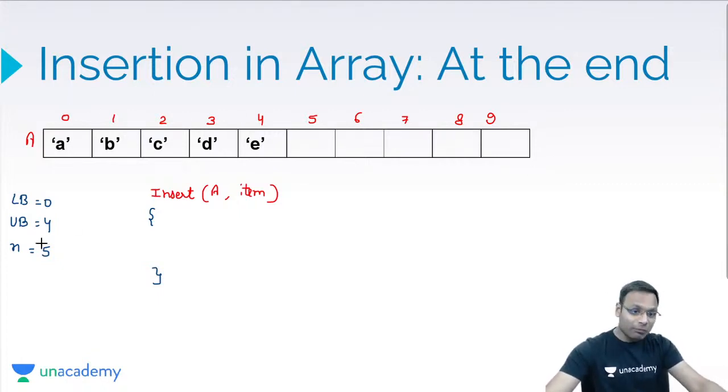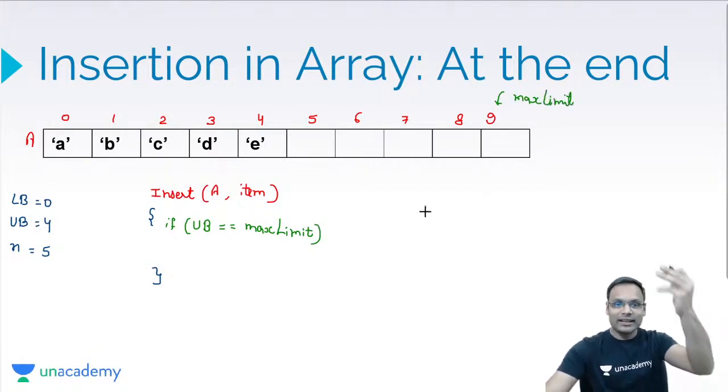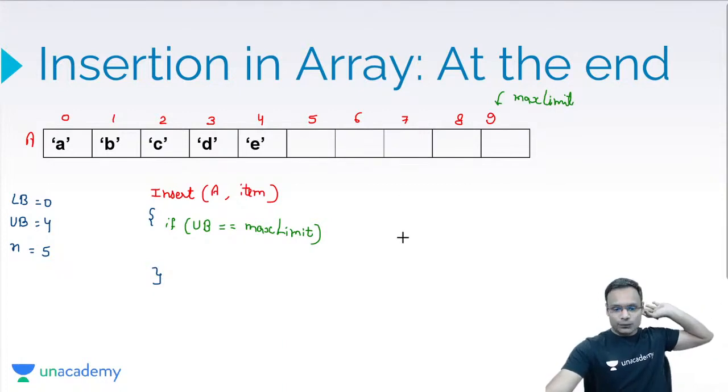I have to check if my upper bound has reached this max limit. If this upper bound has reached here, then the array is full, and we cannot do any new insertion.